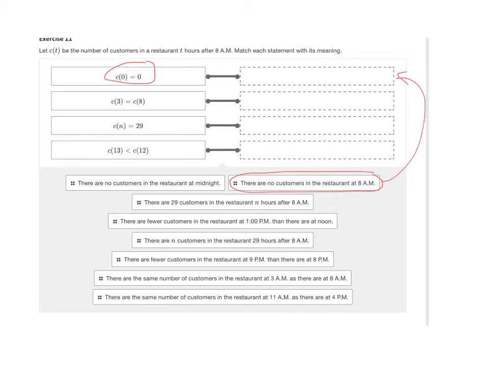At 3 hours past 8, so 8 to 9, 9 to 10, 10 to 11, at 11 o'clock, there are the same number of people that are there at 6 o'clock. Let's see if we can find that.